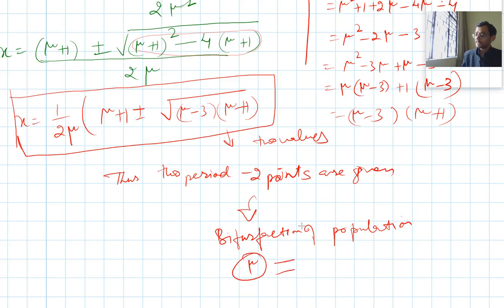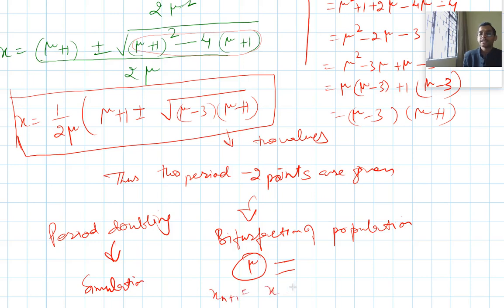So let us understand the concept of bifurcation or period doubling by doing a simulation of the logistic map, that is x n plus 1 is equal to mu x 1 minus x. Let us understand it with the help of a simulation.